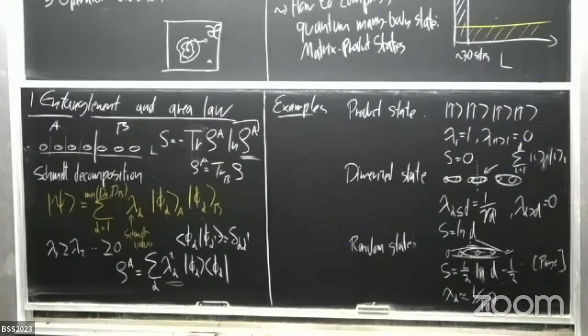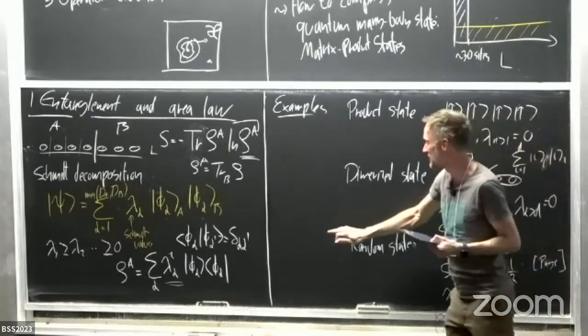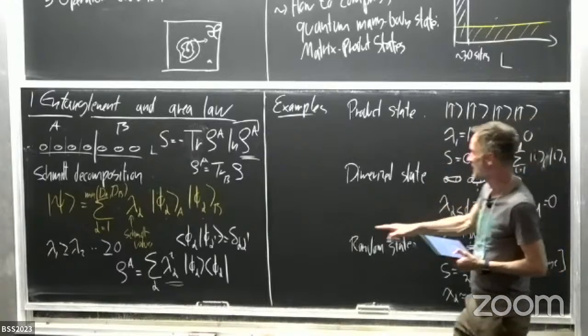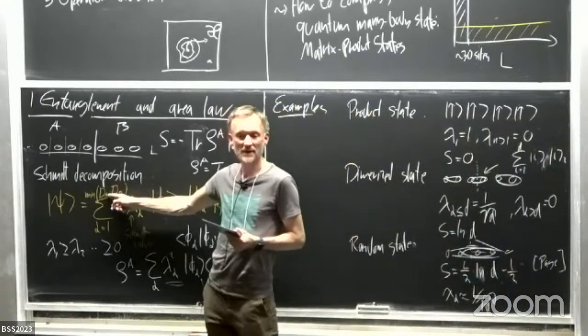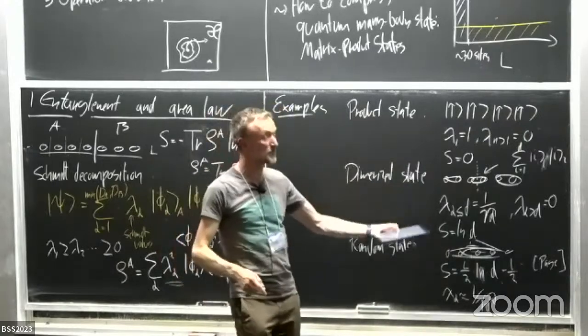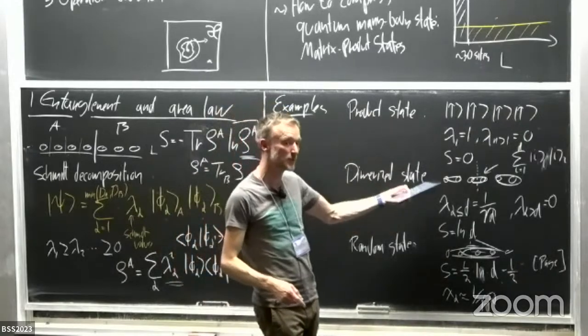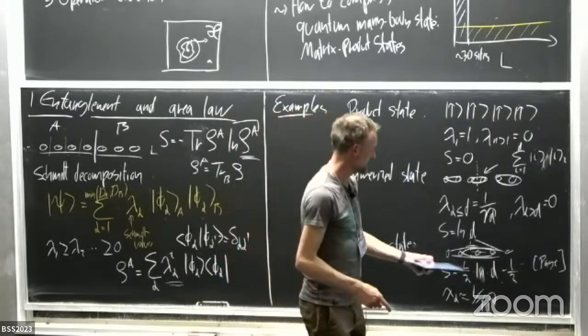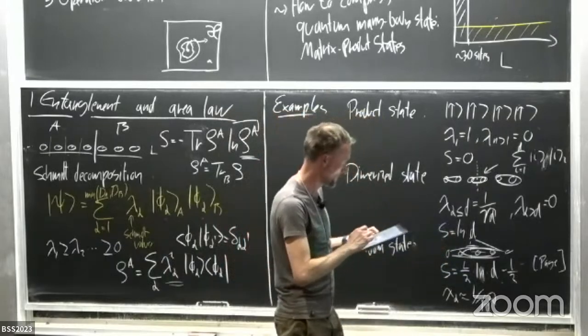And that will be an important part, and I'm already alluding to this briefly now, because if you have states of this type and you do the Schmidt decomposition, you see that instead of having a sum over exponentially many states, we can just stop after a few, and in these cases, exactly represent the state by taking into account only a few Schmidt values. Here we would have to take into account all of them.